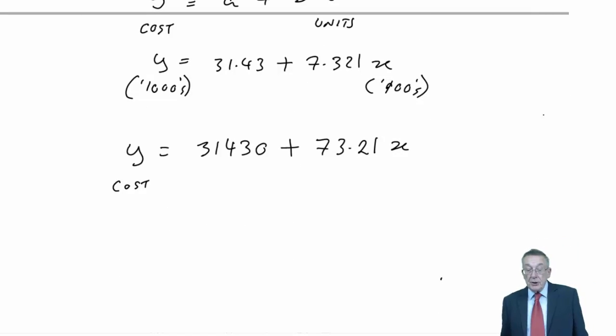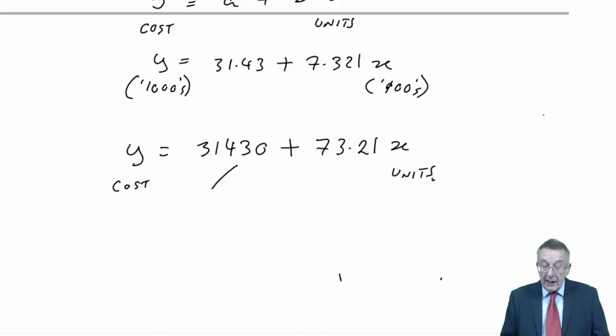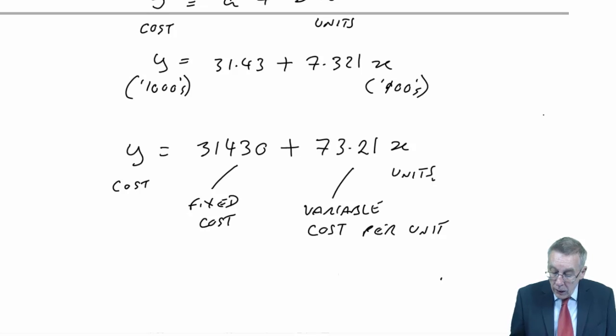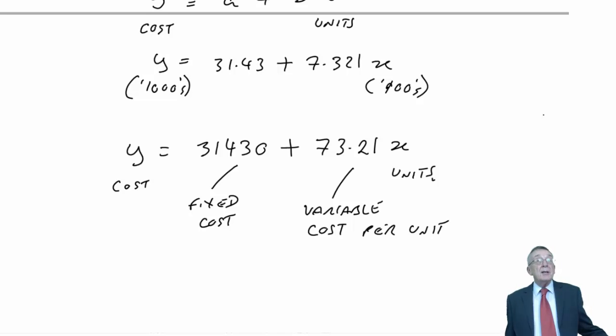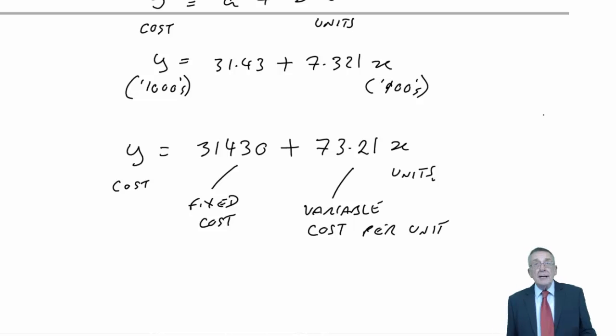There is our equation relating the cost to the number of units. And the 31,430, just as with high-low, that's the fixed cost. The 73 is the variable cost per unit. Now, I had used the same figures as we did with high-low. I can't look back because I've changed the screen.